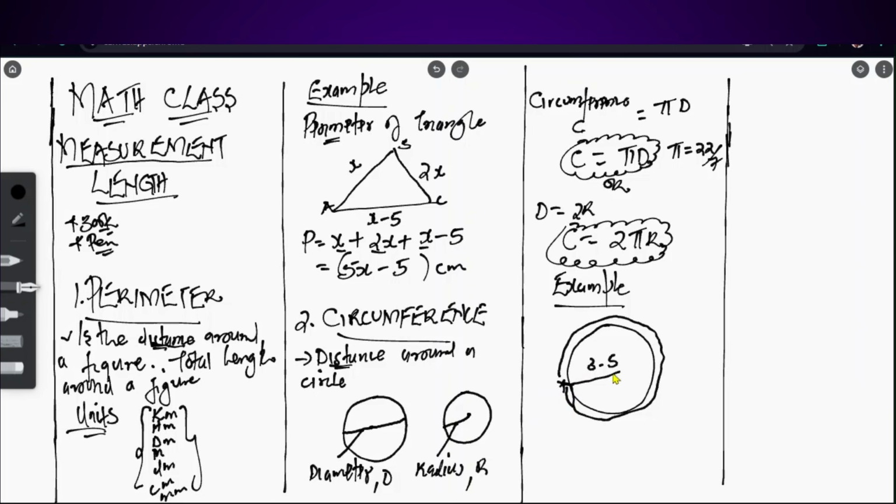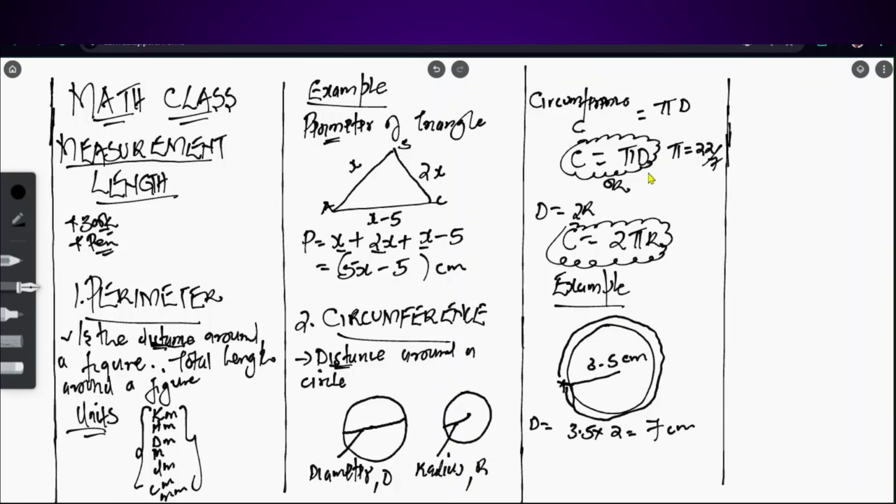Now, if I'm given the radius, either of the formulas is true, because if I'm given radius here, it means that diameter is the same as you take radius, which is 3.5, then you multiply by 2. That is the same as 7. This one is in centimeters, so 7 centimeters.